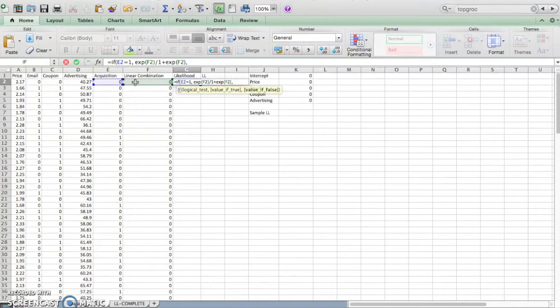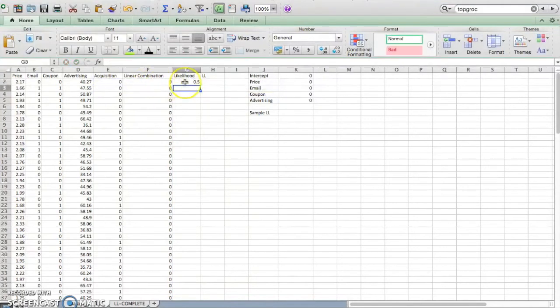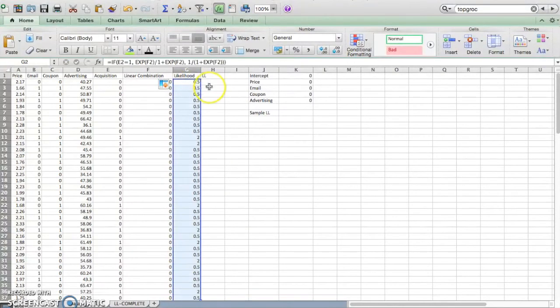If the acquisition didn't happen, the answer is 1 minus p, or 1 minus that logit probability. We can write that mathematically as 1 over 1 plus the exponential function of e raised to the power of the linear combination. Now I'm just going to close this off with parentheses and again copy it down throughout the rest of the column.